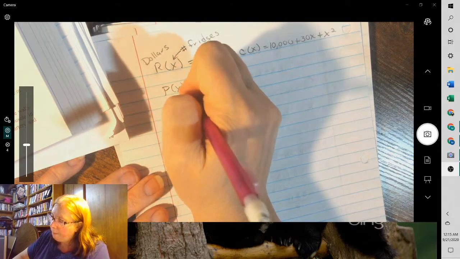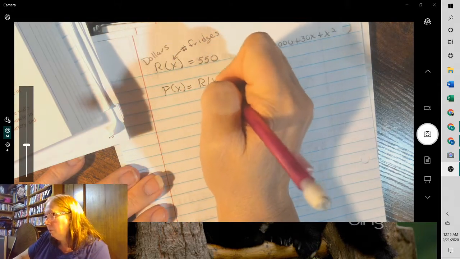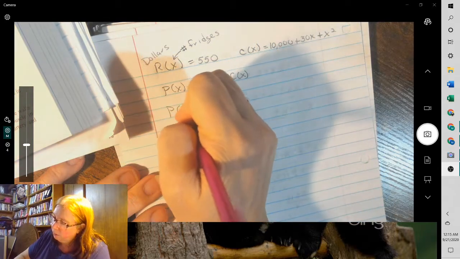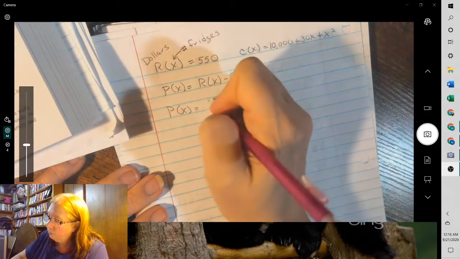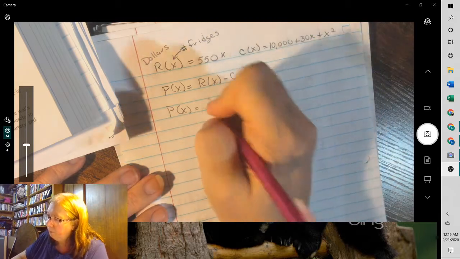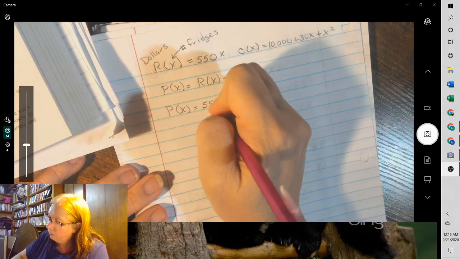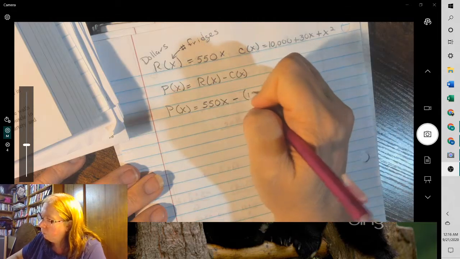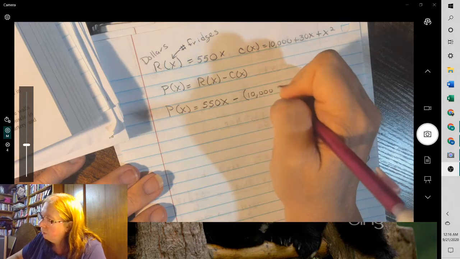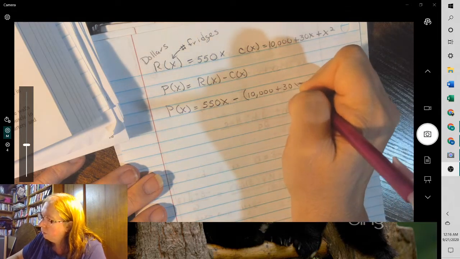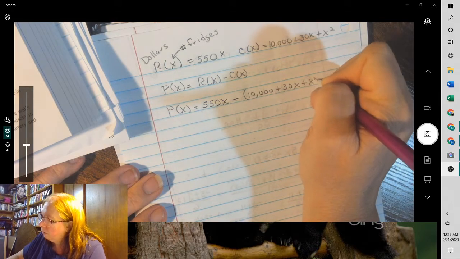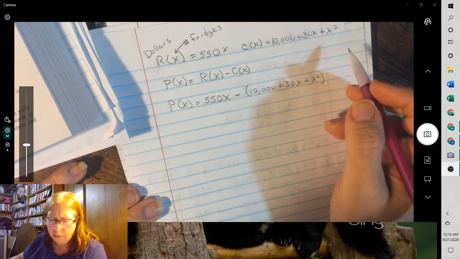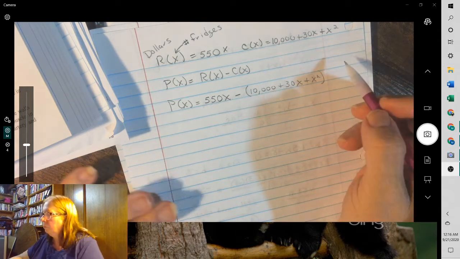Profit is revenue minus cost. So our profit is our revenue, which should be 550x, minus the cost. Now remember, you have to subtract the whole cost. Make sure I wrote that right. Yeah, it's a plus.